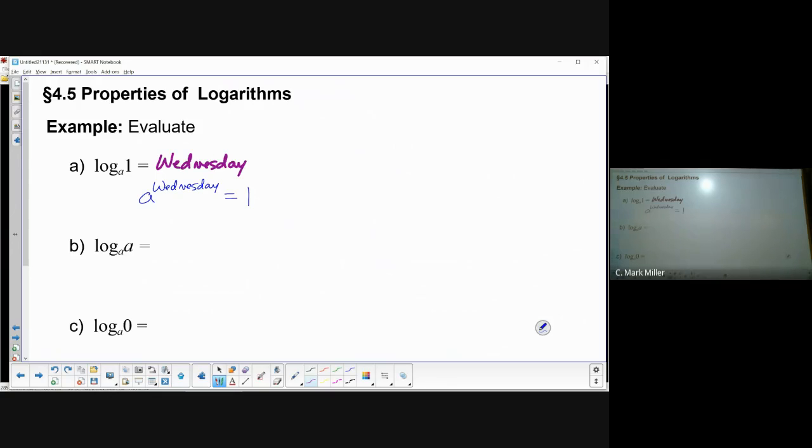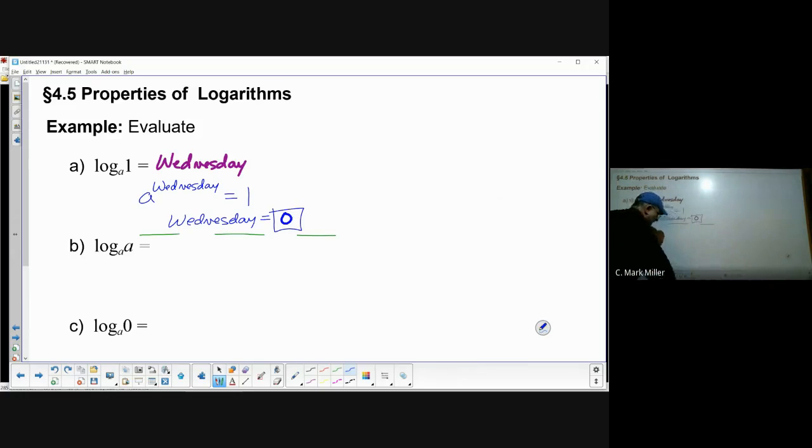Now, question. A is a positive number not equal to 1. So what power do I have to raise a to get 1? 0. This means Wednesday is 0. The only power you can raise a positive number to besides 1 and get 1 is 0. Easy to overthink.